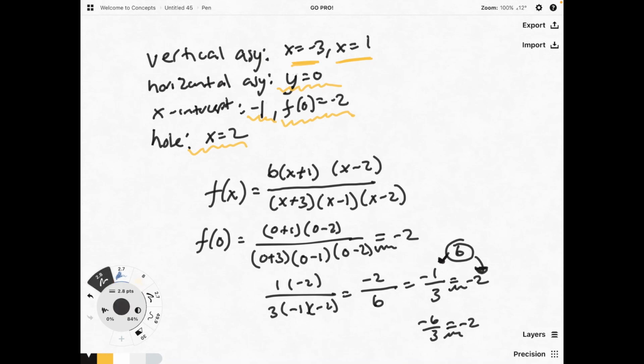If we wanted to check our work, again, now we have the function f of x equals 6 multiplied by x plus 1 multiplied by x minus 2 divided by x plus 3 multiplied by x minus 1 multiplied by x minus 2.